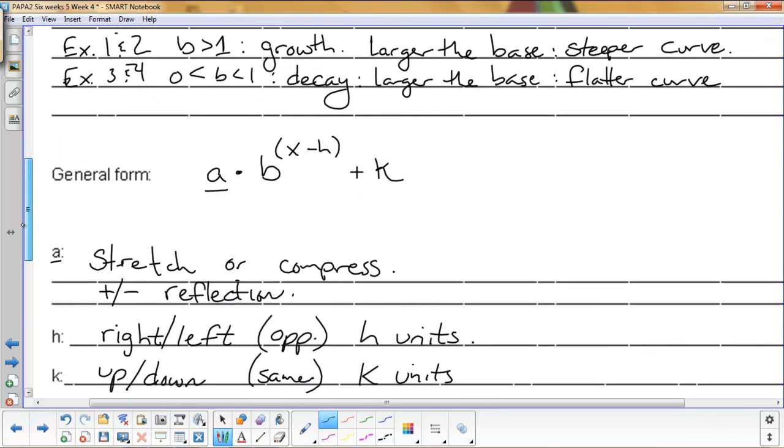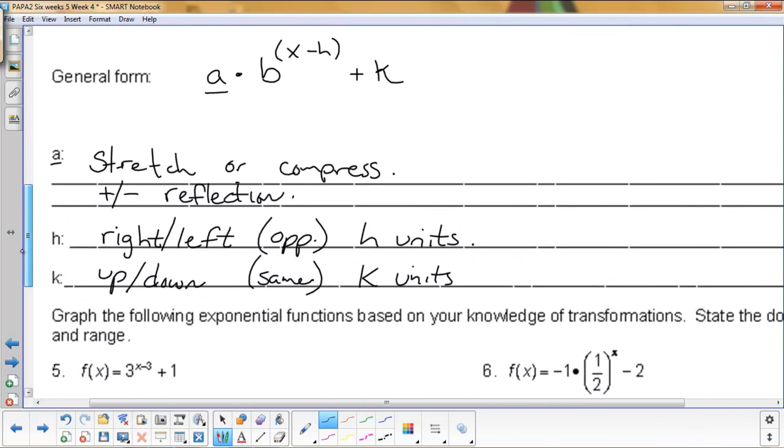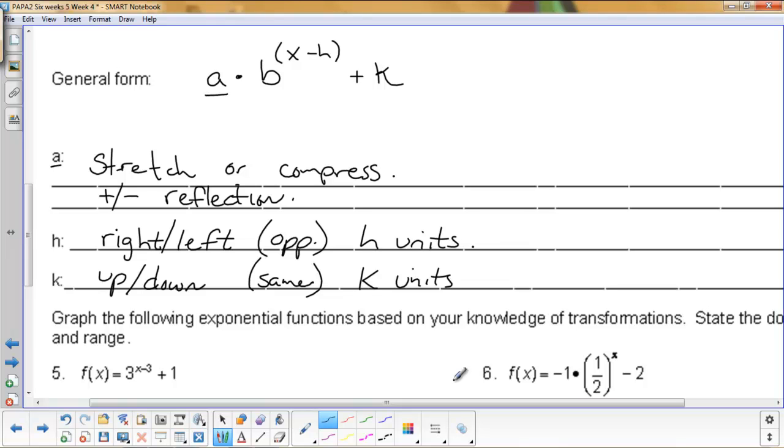Continuing on, general form of your exponential parent function looks like this. B is your base and x is your exponent. Remember, the base can change. So the technical parent function is whatever the base is without any of these other transformations attached to it.